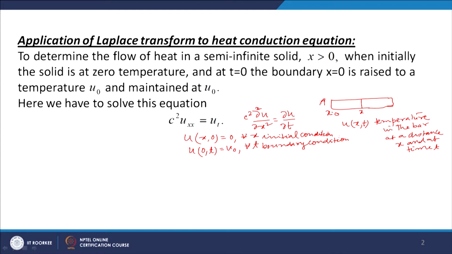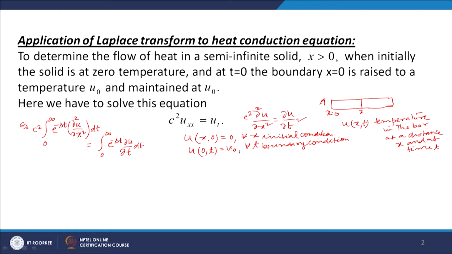Now, in order to solve this differential equation, what we do is we multiply by e to the power minus s t on both the sides of this equation and integrate over the interval 0 to infinity. So, what we have is c square integral 0 to infinity e to the power minus s t del square u by del x square dt equal to this.